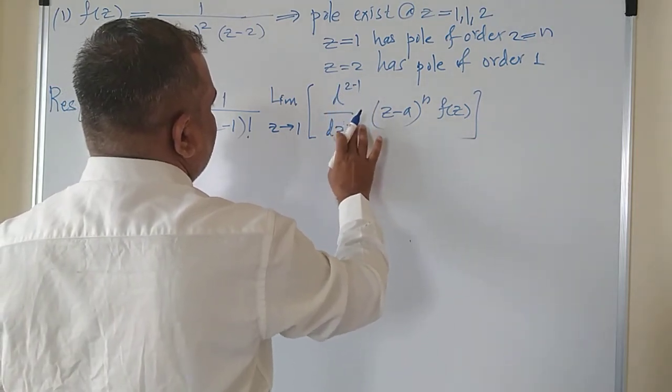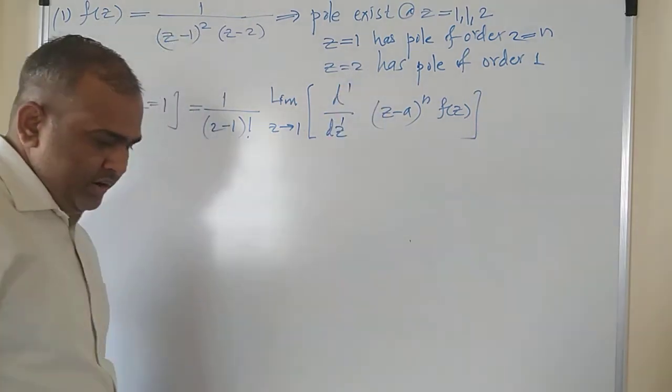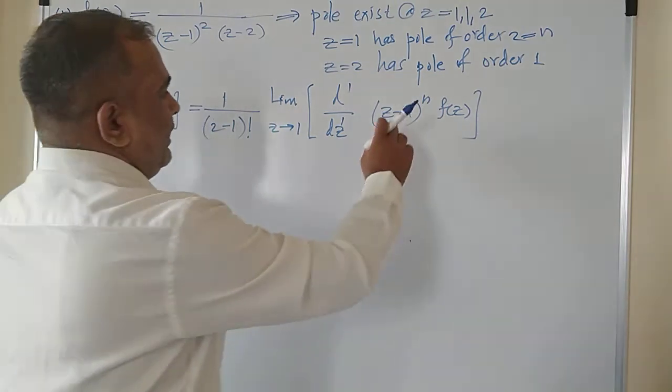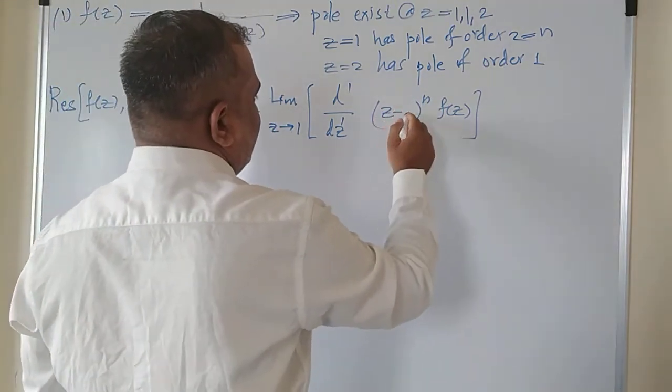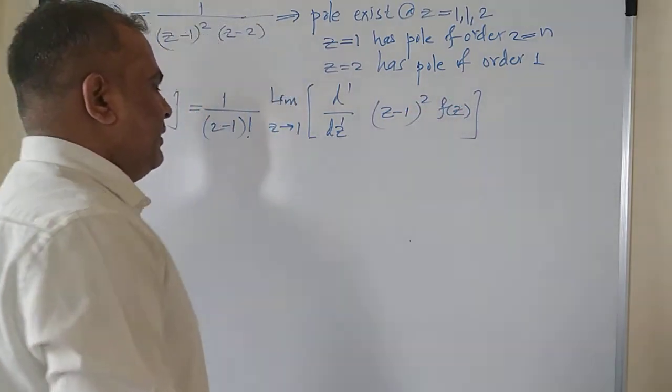That means 2 minus 1, that means first order derivative, into z minus a, that means 1, n has the value 2, into f of z.